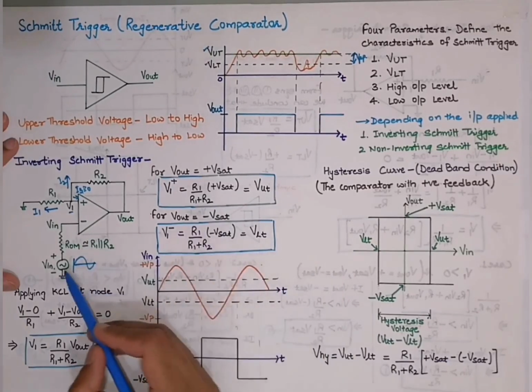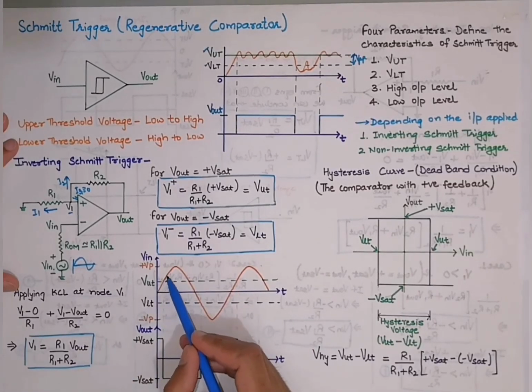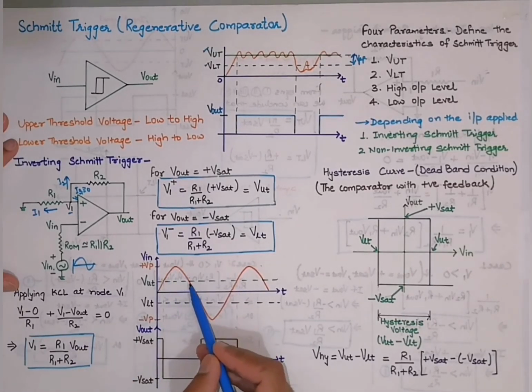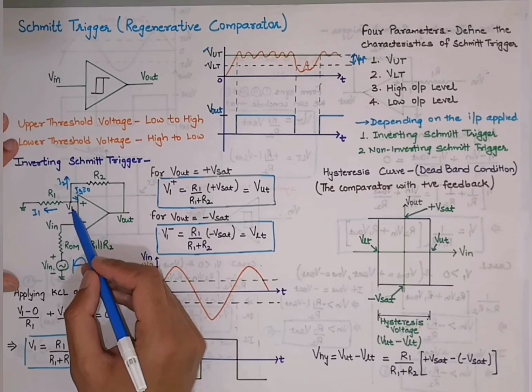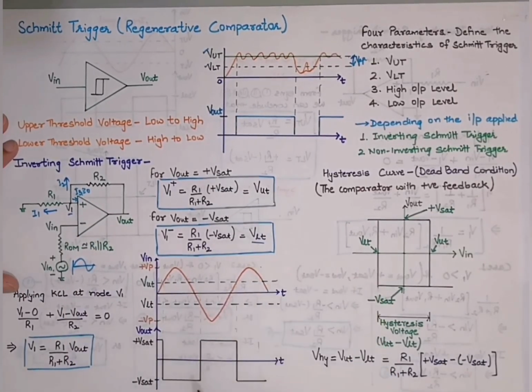It means now my input signal will be compared with reference to this voltage level. Even after increasing to a particular point, if it decreases below the upper threshold voltage, my output signal is not changing, because the input at the non-inverting terminal is now the lower threshold, not the upper threshold.